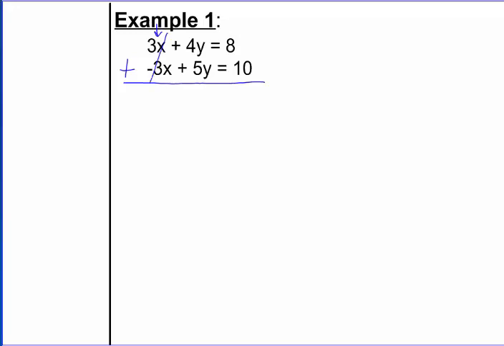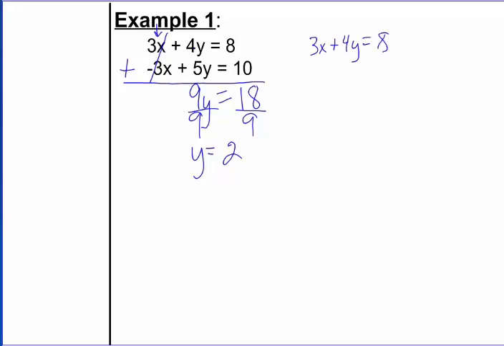So this is 0. Then you add 4 plus 5, that gives you 9y. Then you add 8 plus 10, which gives you 18. We now only have one variable left. Solve for that value. So you get y is equal to 2. Now go back to one of your original equations so that you can find the x value. So I'm going to use 3x plus 4y equals 8.